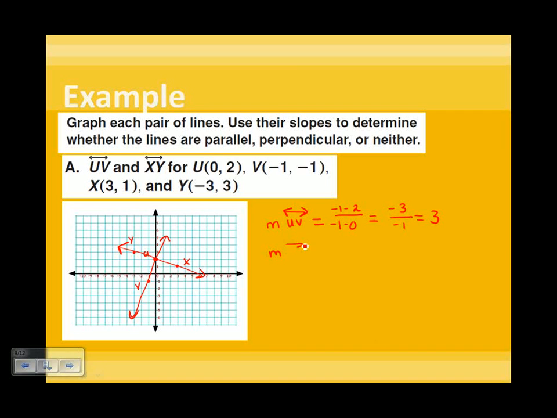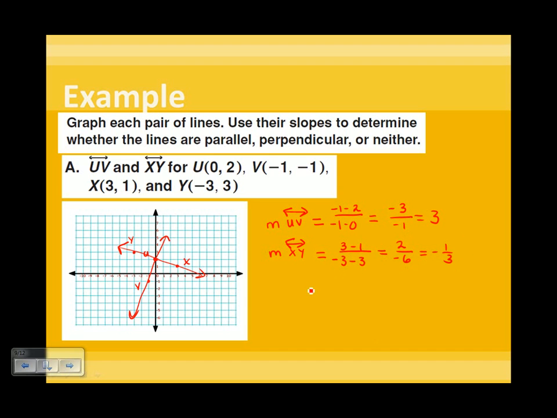Now I'm going to do the slope of line XY. The slope of that line is difference in the y's, 3 minus 1, difference in the x's, negative 3 minus 3. And so I end up with 2 over negative 6, which is negative 1/3.